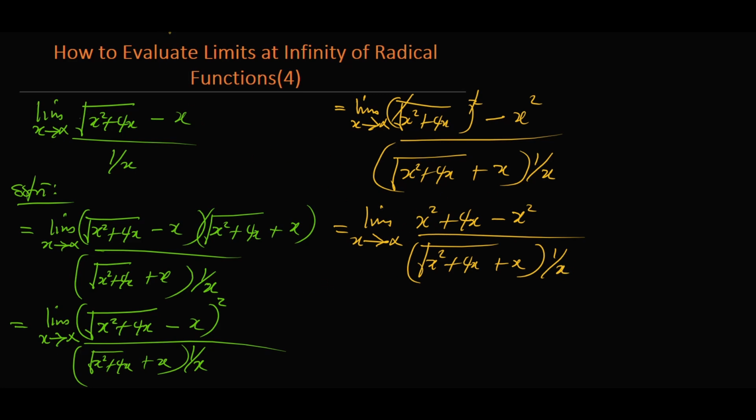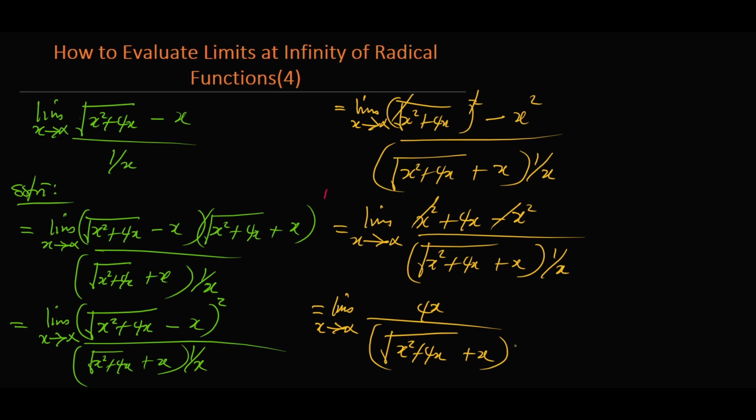From here we can see that x squared here cancels out minus x squared, so we are left with only 4x. So this will imply that the limit as x approaches infinity of 4x all over root x squared plus 4x plus x all divided by x.